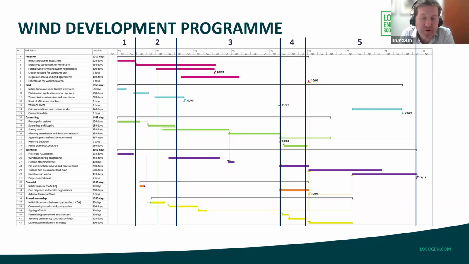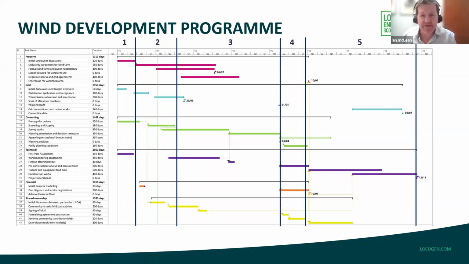For example, in property, the legal agreements do take a good amount of time. Most of them are, as you can see here, generally front loaded, as projects ideally don't want to go into planning without securing clear rights of development on the land in question.